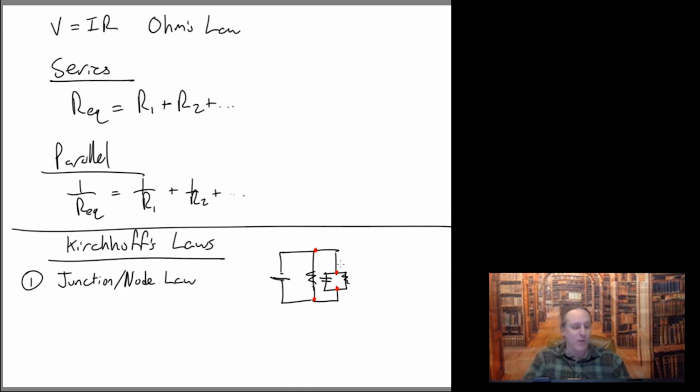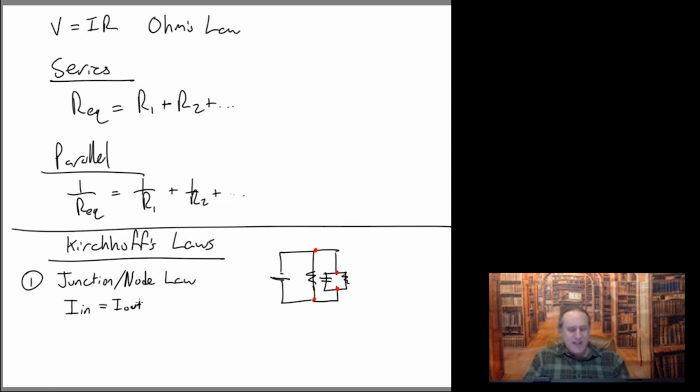So they're basically all forks in the road. You've got one path going in and two paths coming out. So anytime one wire connects to another wire and sort of gives an alternate option, that is a junction. And this rule or law says, it's very simple, that the current into any junction has to be equal to the current out. That's the magnitude of the current in is equal to the magnitude of the current out.